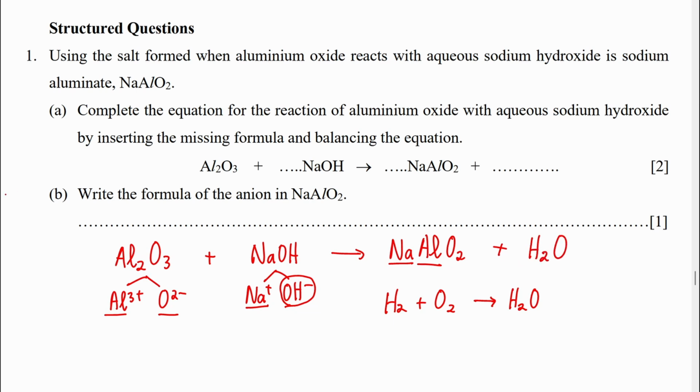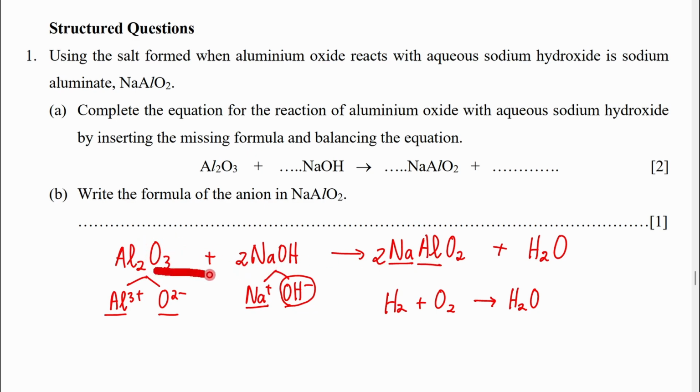Now balance the equation. So we have one Al at the right and we have Al2 at the left. So that's why I will put 2 in front of this compound. Now just because I put 2, Na here is also affected with this 2 Na. But in here it is still 1 Na. So that's why I will put 2 as well. Now let's compare one more time. Al2, 2Al, O3, and then plus 2O.